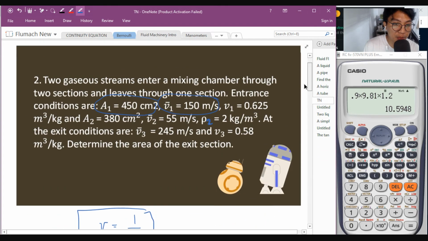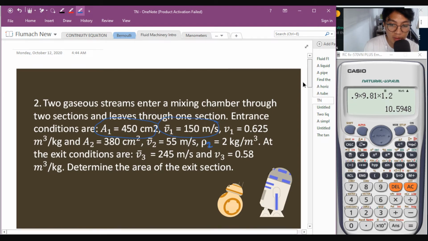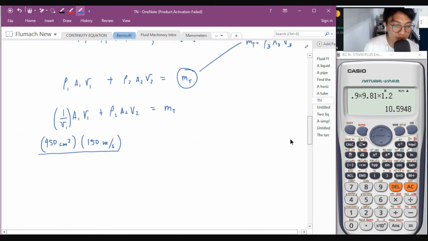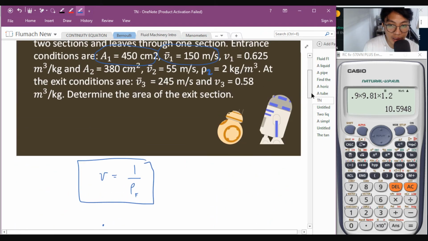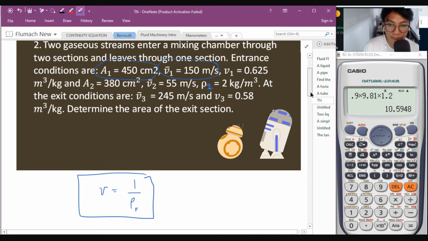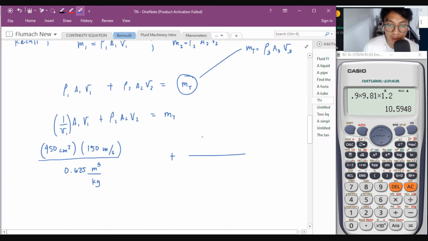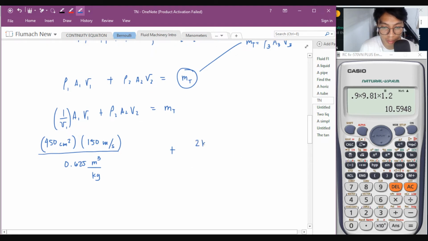The specific volume there is 0.625 meter cube per kilogram. Plus, okay, dugtong ako dito, plus, density 2. Density 2 is 2 kilogram per cubic meter.